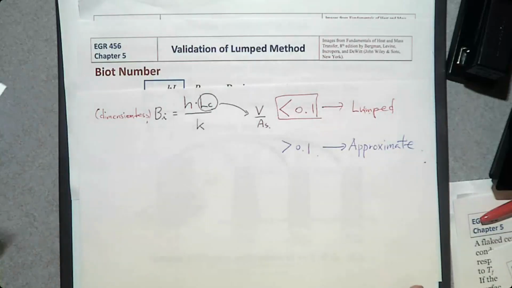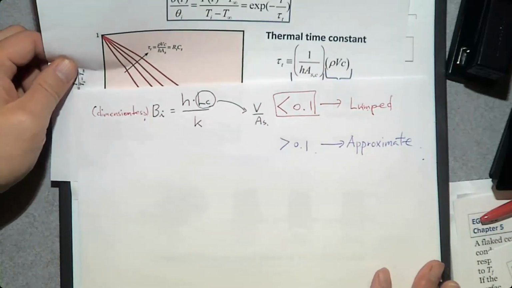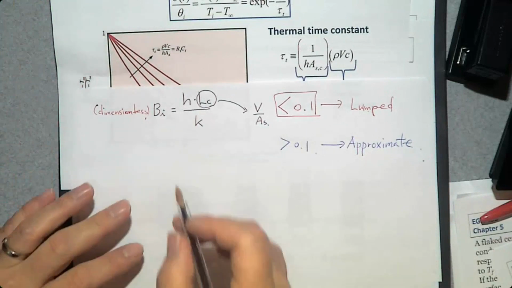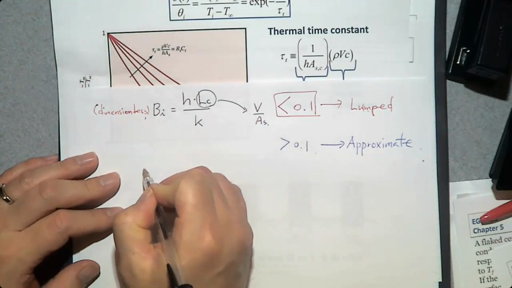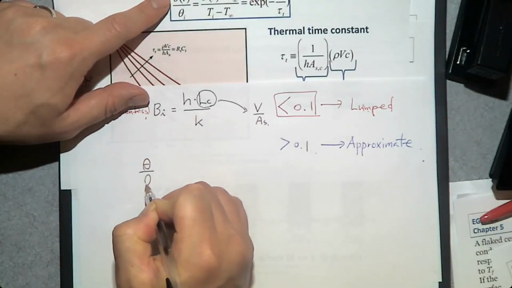Then there are a few things. So that's everything that you need to know in terms of how you can solve lumped system. Then there are a few things that you need to know, which is that the governing equation is again theta over theta i.